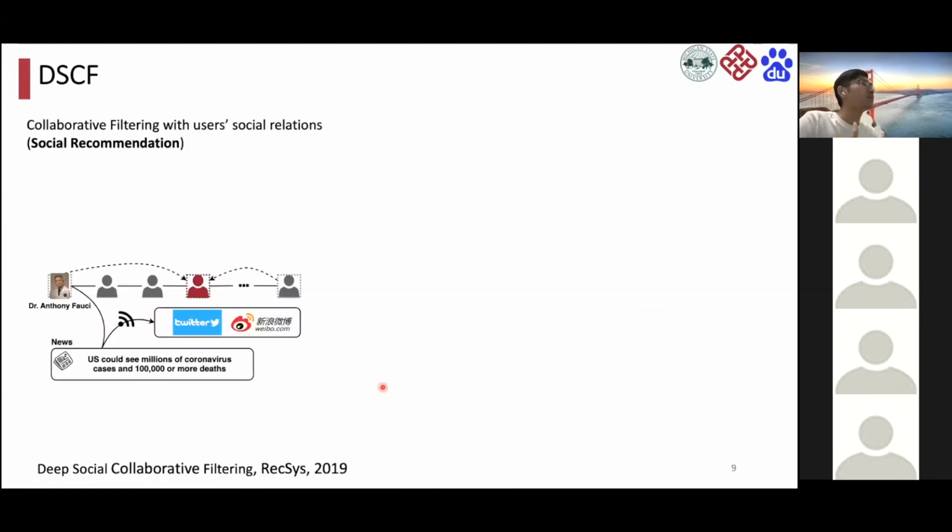Okay, in some scenarios, like social network sites such as Twitter and Weibo, social friends of the users can provide another source to benefit users' representations.